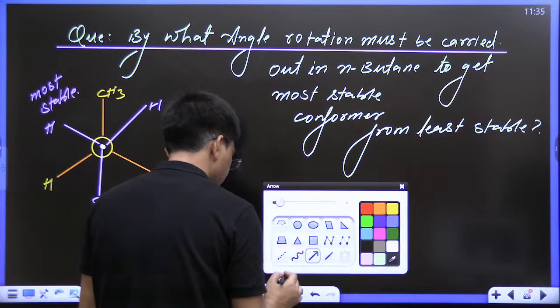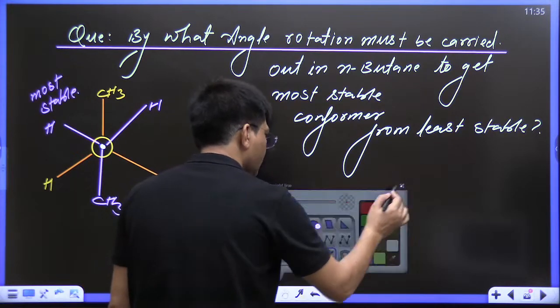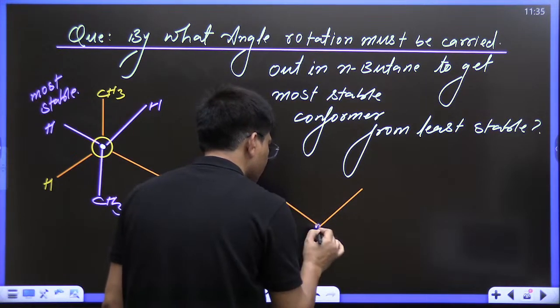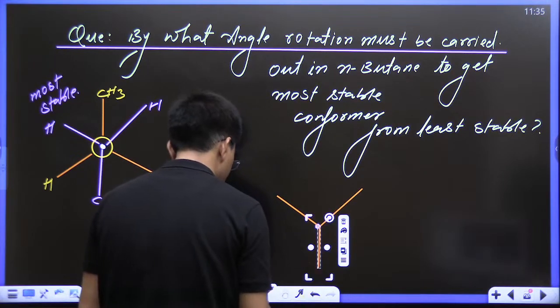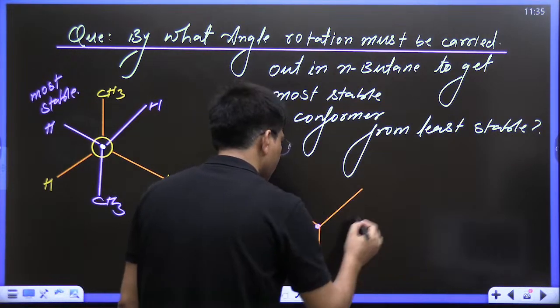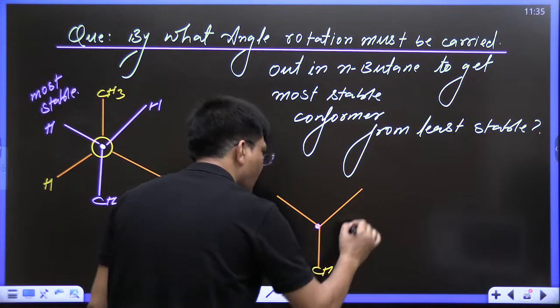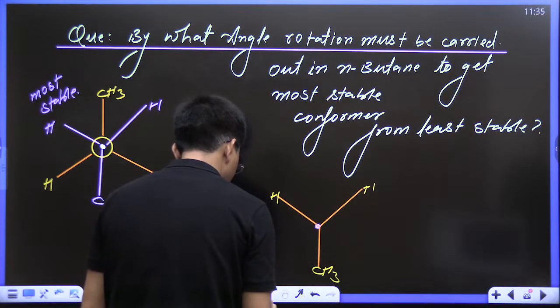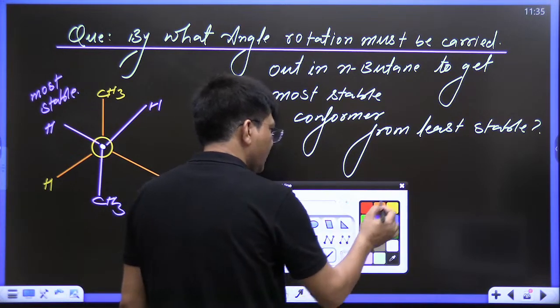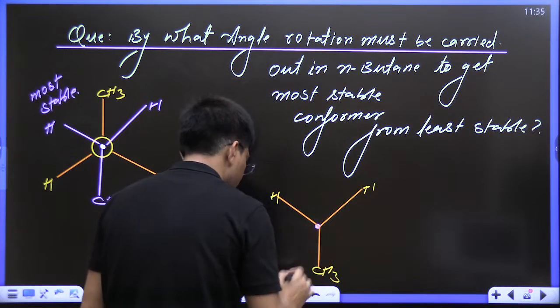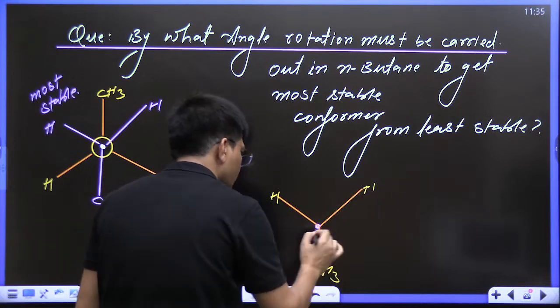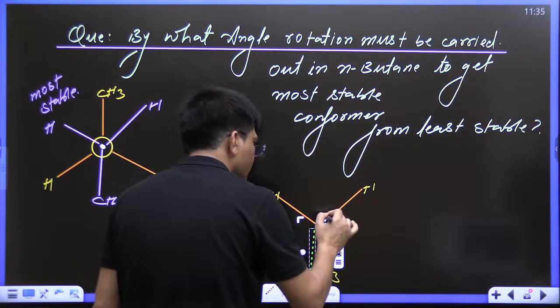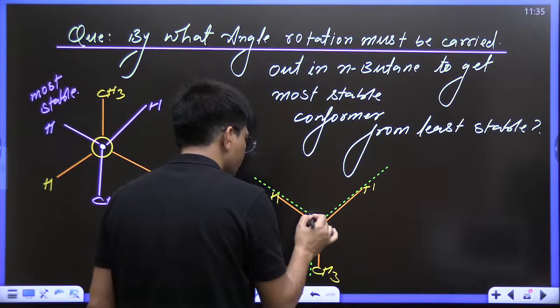Let us suppose it's like this, and we have methyl over here, hydrogen at this place, hydrogen at this place, and you can see very clearly that we are in need of a compound like this. This is your eclipsed form.